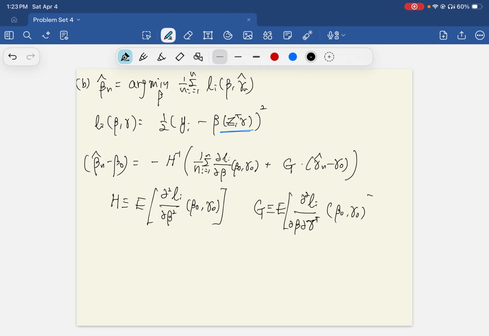So this will be our last form, and of course we will derive the influence function from here.